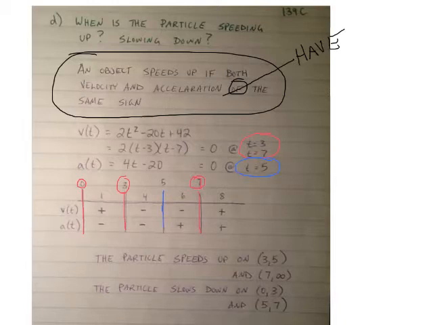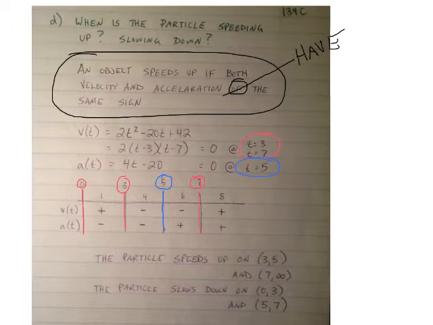So I set up this little window, this interval of time, and looked at what was going on within each interval. From the interval of 0 to 3, we'll say time 1, our velocity is positive and our acceleration is negative. If you plug 1 into this equation, you get a positive answer, and if you plug 1 into this equation, you get a negative answer.